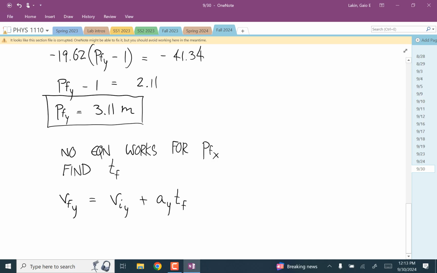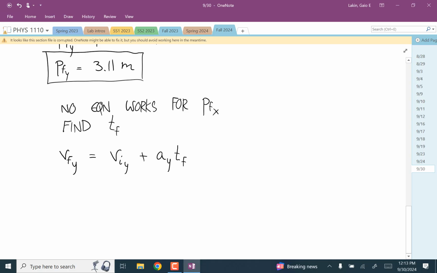It has Tf in it. We know Vfy, Viy, and Ay, so this one will work. So 0 is equal to 6.43 minus 9.81 Tf. And so Tf is equal to 0.66 seconds.